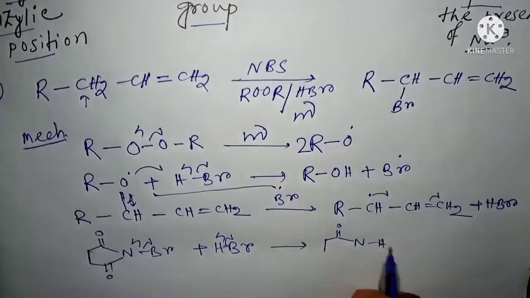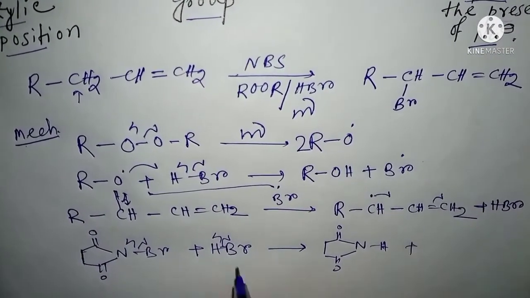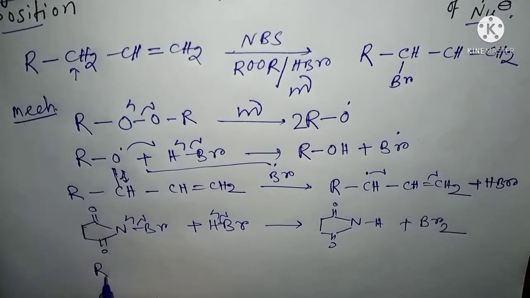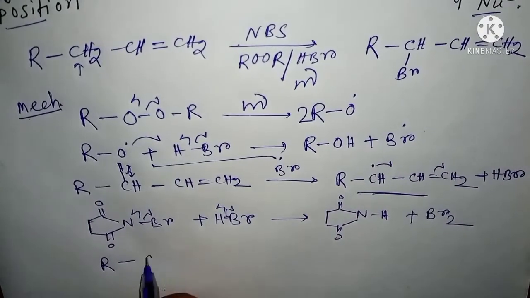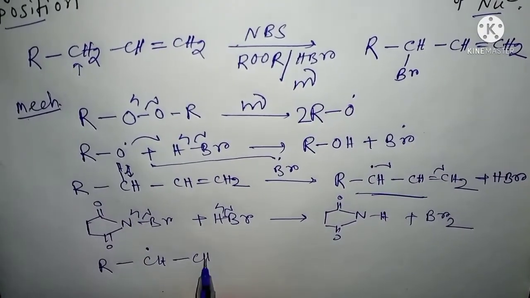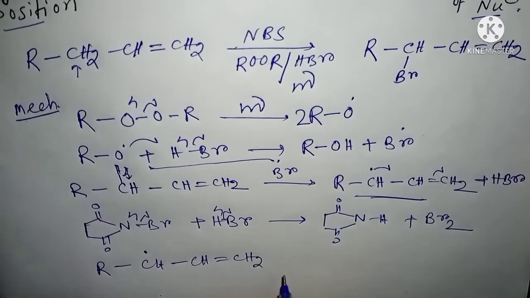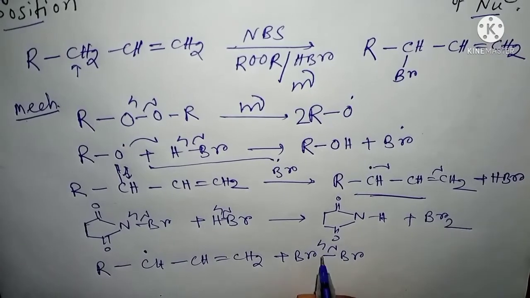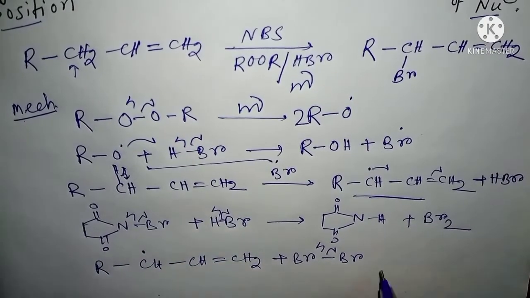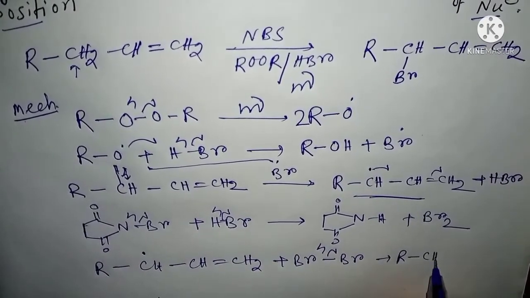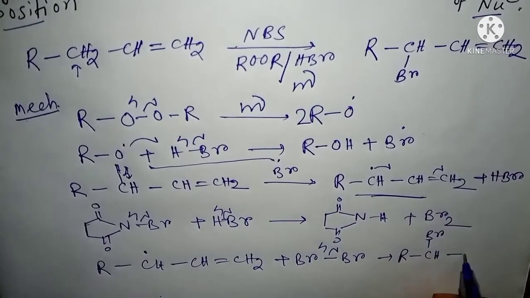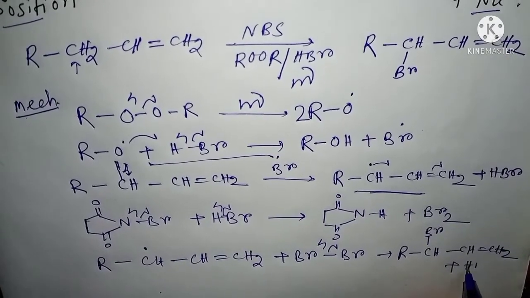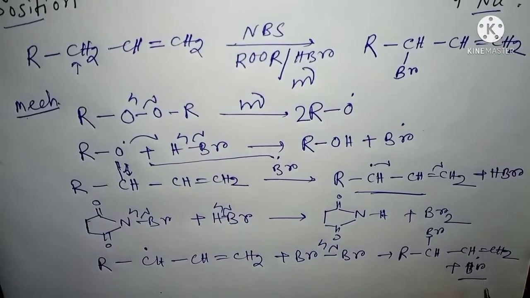This is NH, and Br and Br radical form Br2. Then the product, R-CH radical-CH=CH2, in the presence of Br2 breaks this bond and a Br radical forms. The Br radical is added to form the product R-CHBr-CH=CH2 plus Br radical. So this is the product.